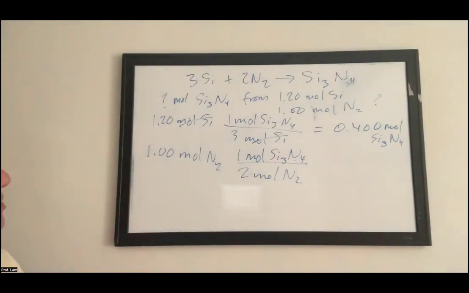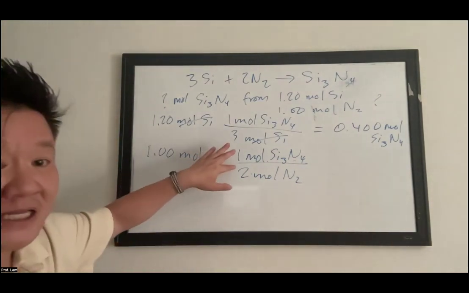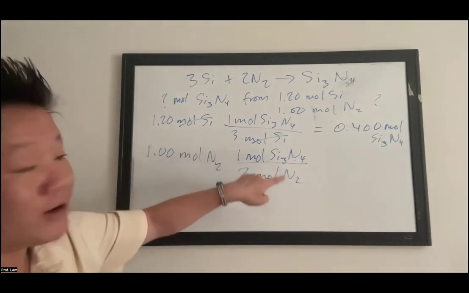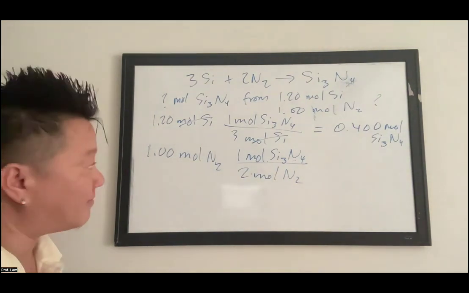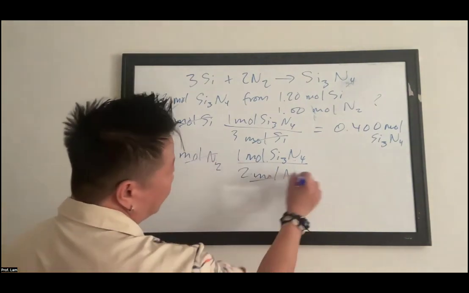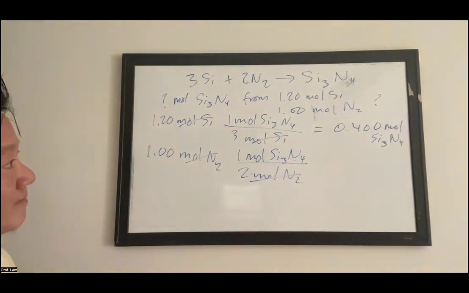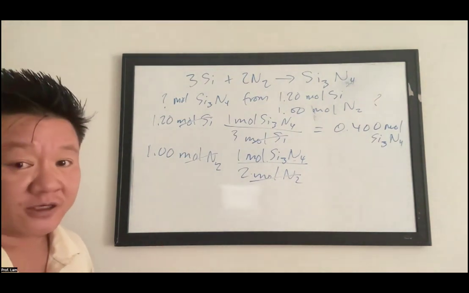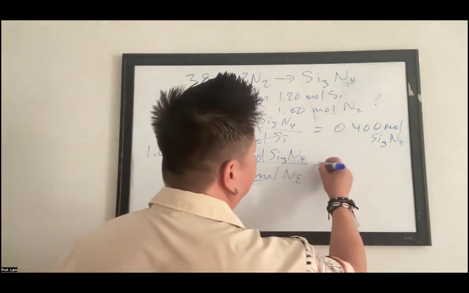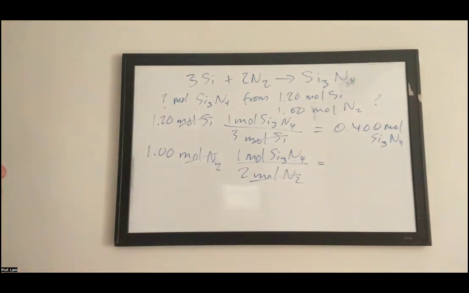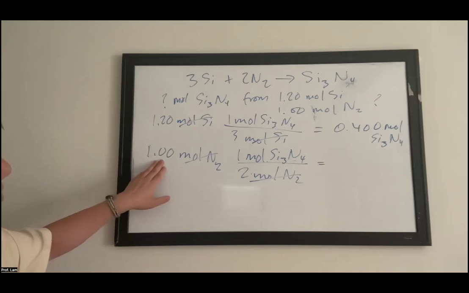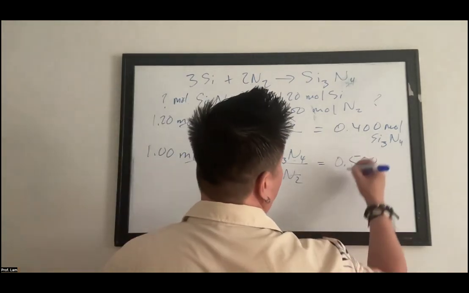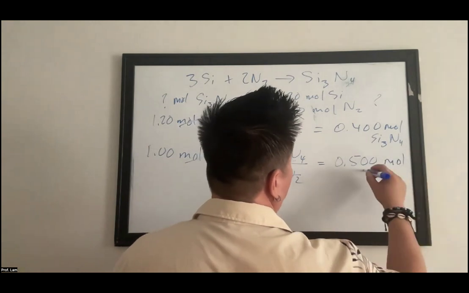So you see there, I made a mistake, but I could tell that I made a mistake because I was like, wait a minute, I want moles of Si3N4 on top, right? So that's the beauty of the method that we use, is that if we make a mistake, we can quickly tell that we made the mistake. Okay, so then 1 divided by 2, we're going to have 0.5. Again, 3 sig figs, 0.500 moles of Si3N4 in this case.